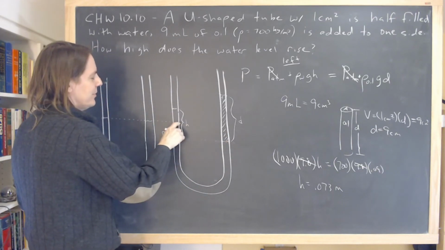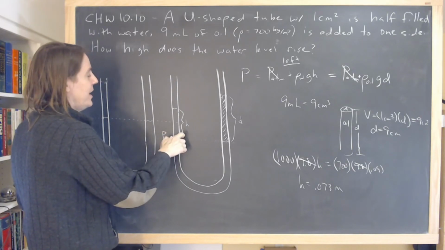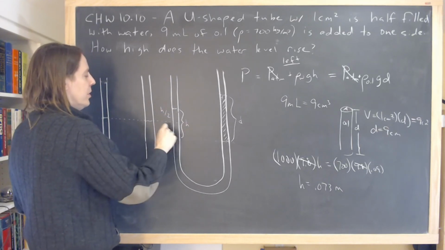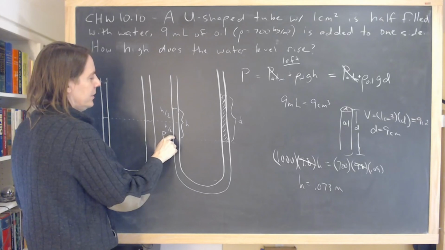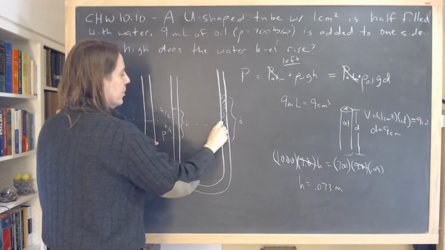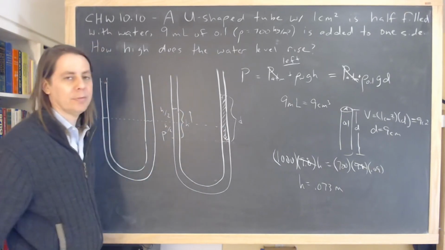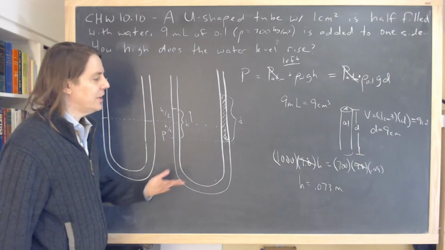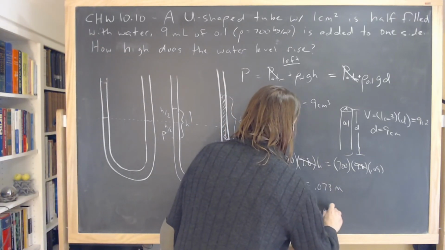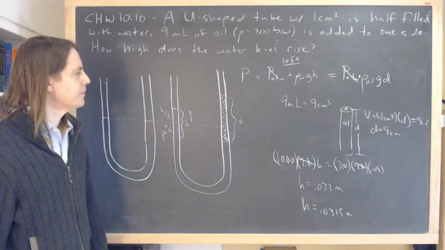So this whole thing is H, but it goes up by H over 2 from its original height, because the original height has to be halfway between how far it got pushed down and how far it gets pushed up, because of continuity. So the answer is actually half of that, 0.0315 meters, or 3.15 centimeters.